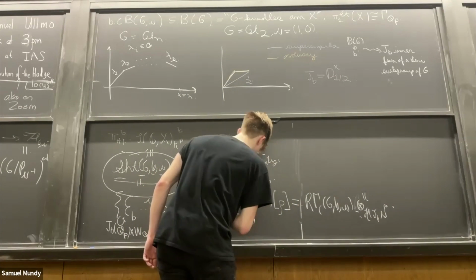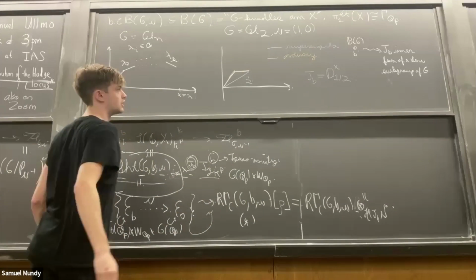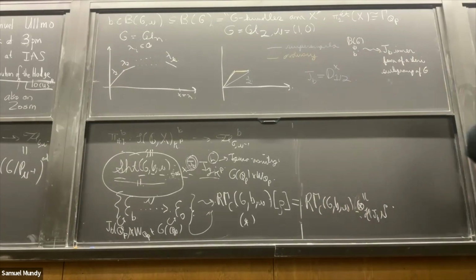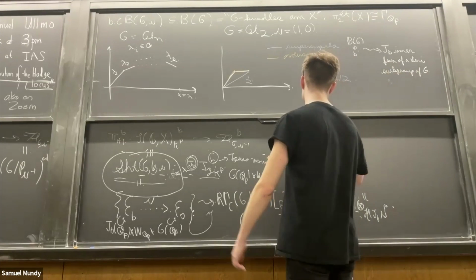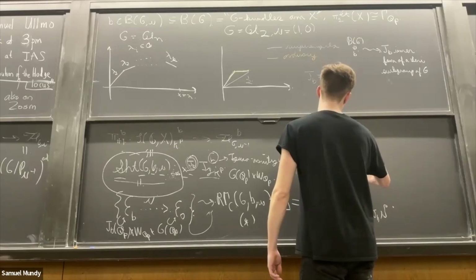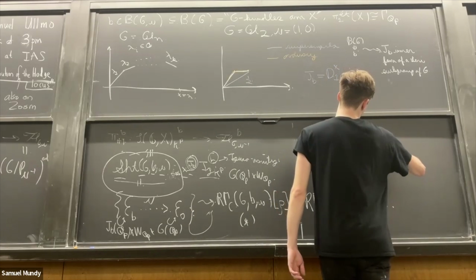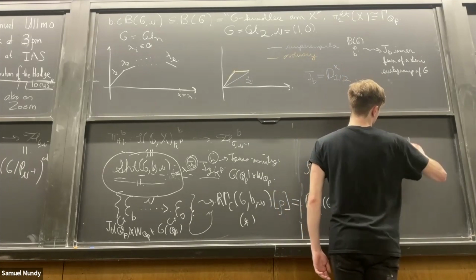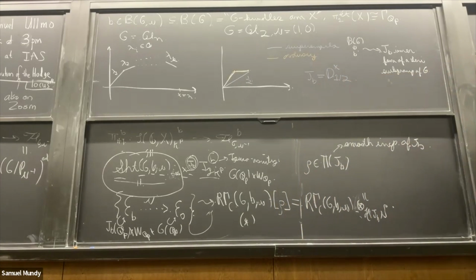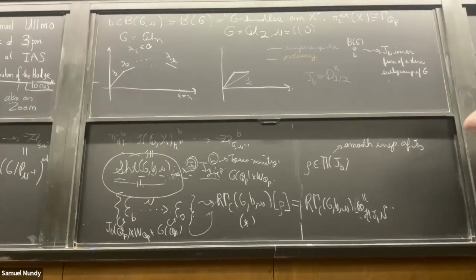So this is what I'm just going to call this star. And so let me give you some idea for what star looks like. Do you remember what rho was? Oh, sorry. I don't think I told you. Rho is just going to be a smooth irrep of J_b. Yeah, sorry, I forgot to mention that.